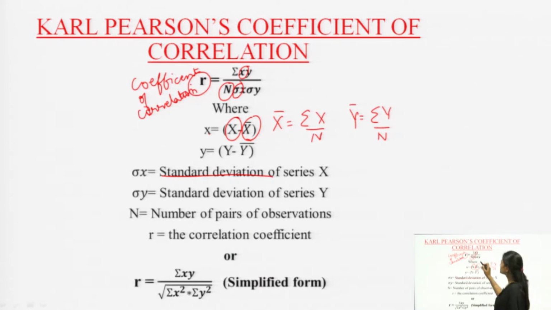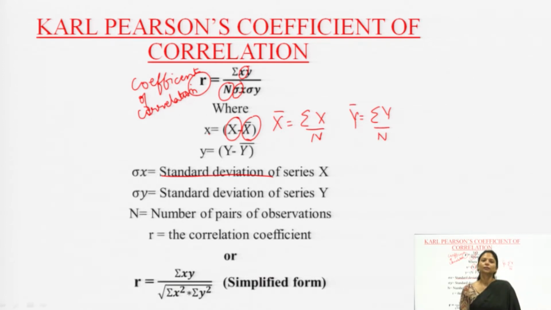So, for this formula, sigma x is the standard deviation of series x and sigma y is the standard deviation of series y, n is the number of observations of series x and of series y, and r is the coefficient of correlation.